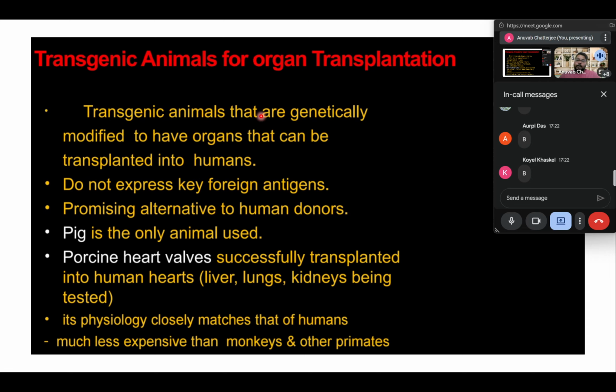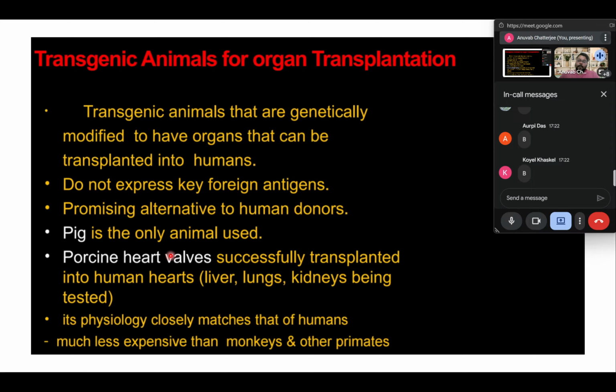And transgenic animals can be designed so that they produce all the necessary proteins or peptides that the body recognizes as not foreign. So these animals are grown so that they do not express any key foreign antigens and can be a promising alternative to human donors.